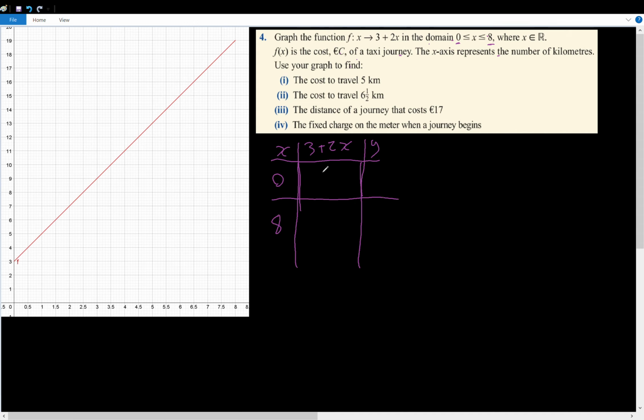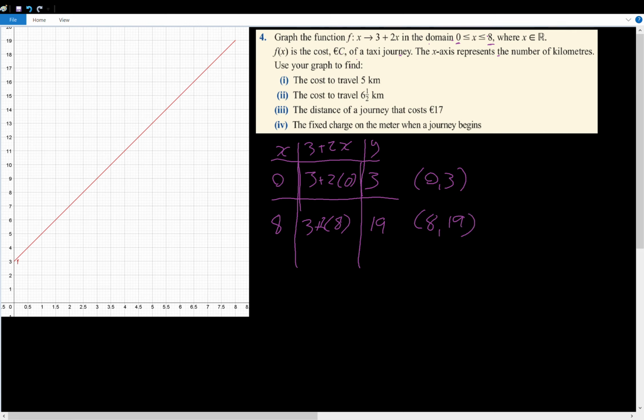When we put 0 into this, we get 3 plus 2 times 0, which just gives 3. And when we put 8 into this, we get 3 plus 2 times 8, which is 16 plus 3, which is 19. So the 2 points we get are the point 0, 3 and the point 8, 19.